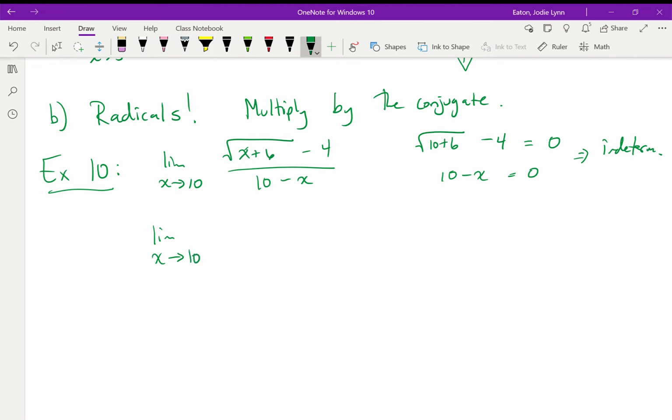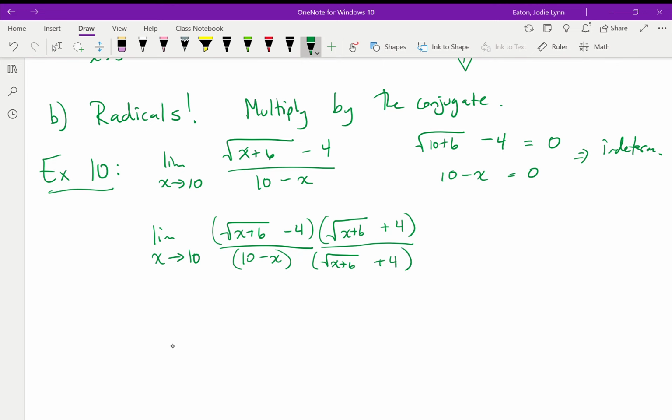It doesn't matter whether the radical expression is in the numerator or the denominator. So if we have radical x plus 6 minus 4, we're going to be multiplying everything by radical x plus 6 plus 4. And we have to do the same to the bottom, so we multiply by radical x plus 6 plus 4.